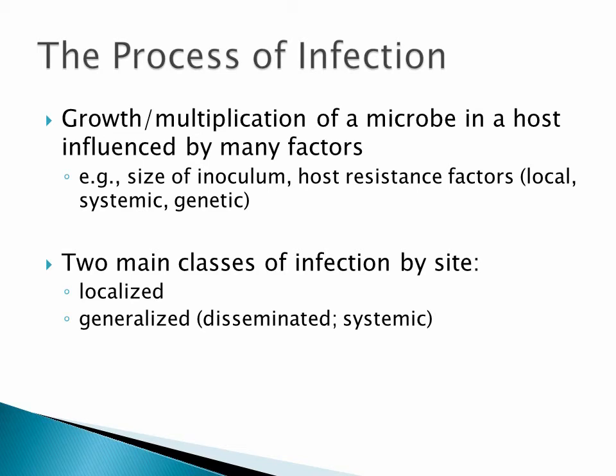Replicate using host resources, and 5. Exit and spread to a new host. So pathogens have evolved over time to exploit the biology of their host organisms to the best that they could. There are two main classifications of infections by site, localized or generalized, and we'll talk about this in the next slide.